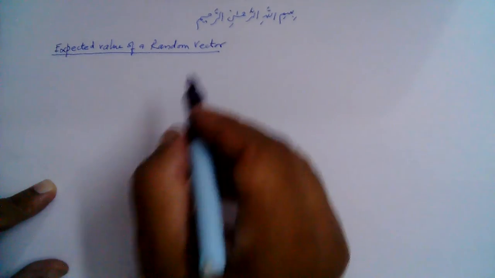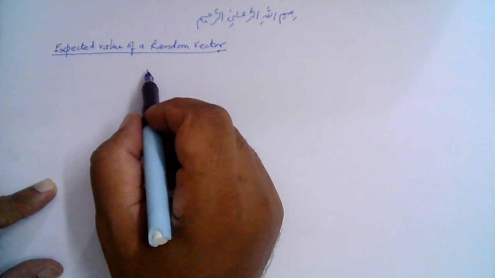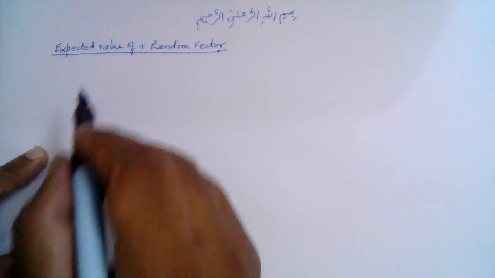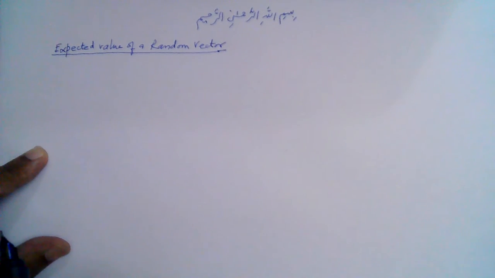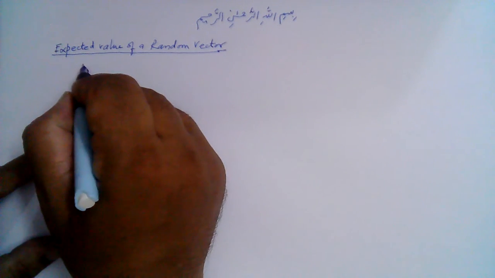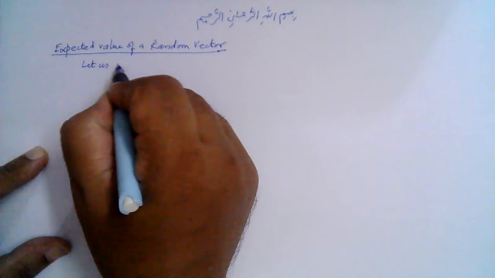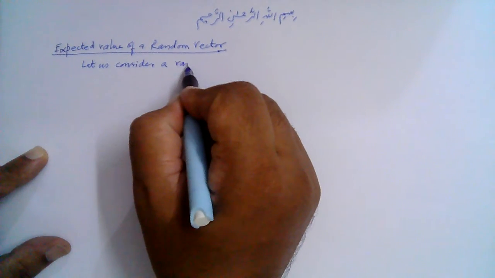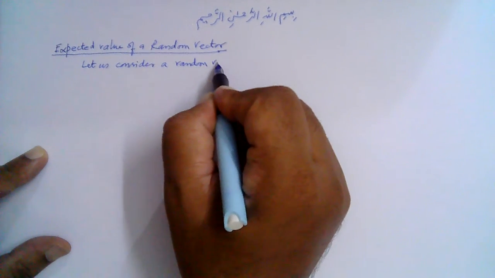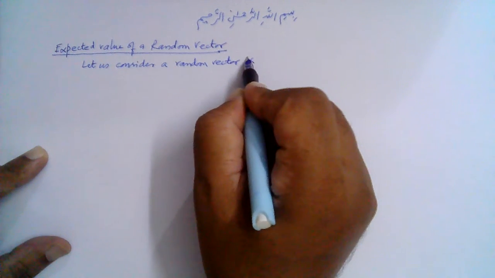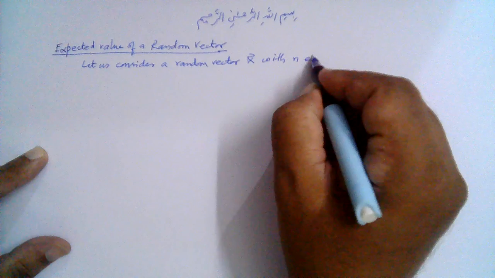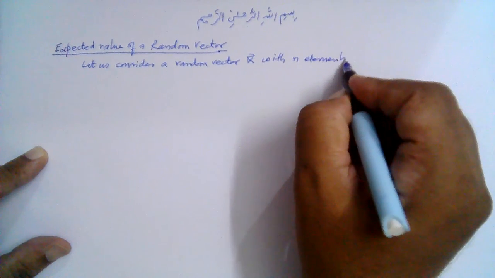To demonstrate the expected value of a random vector, let us consider a random vector x bar with n elements as below.